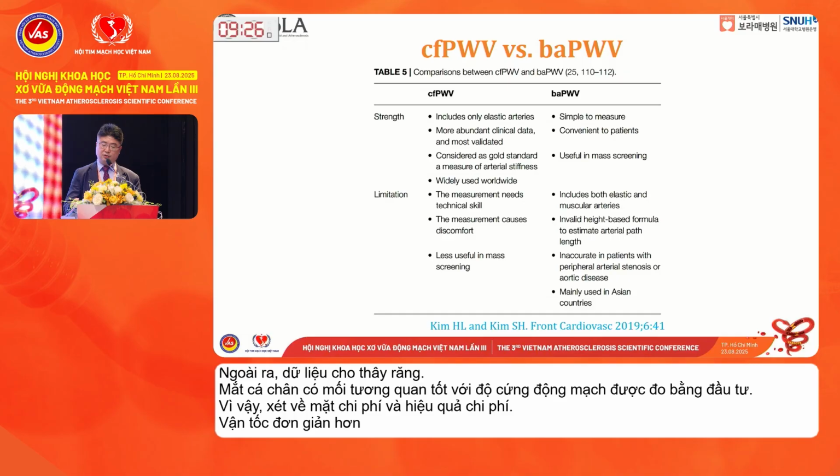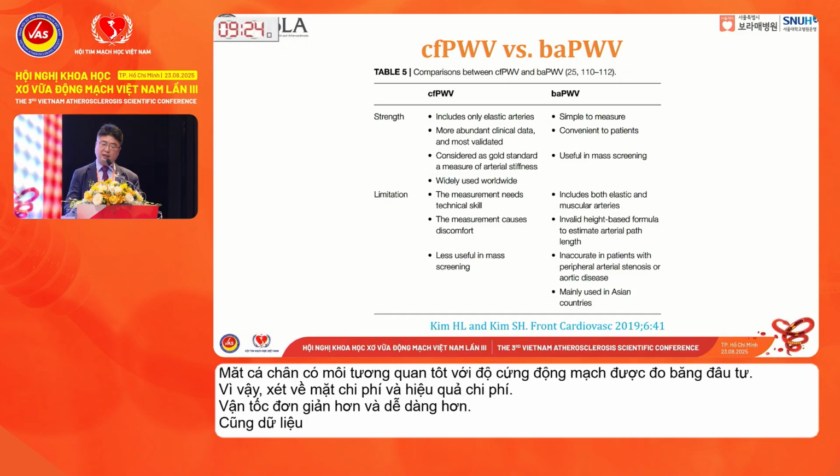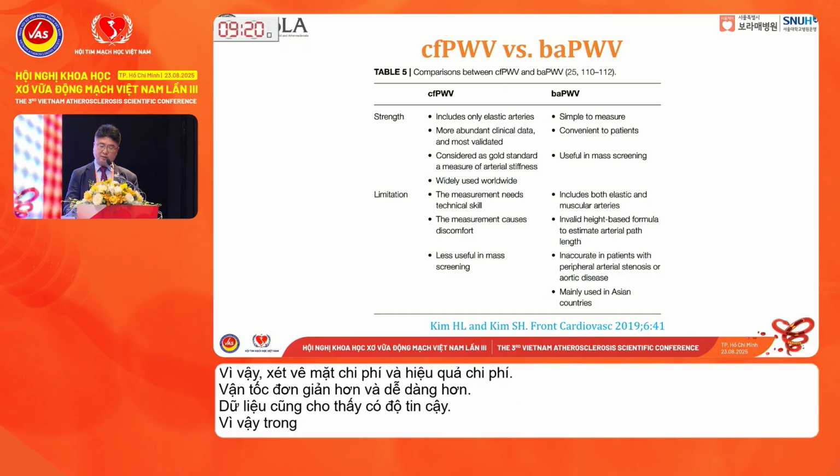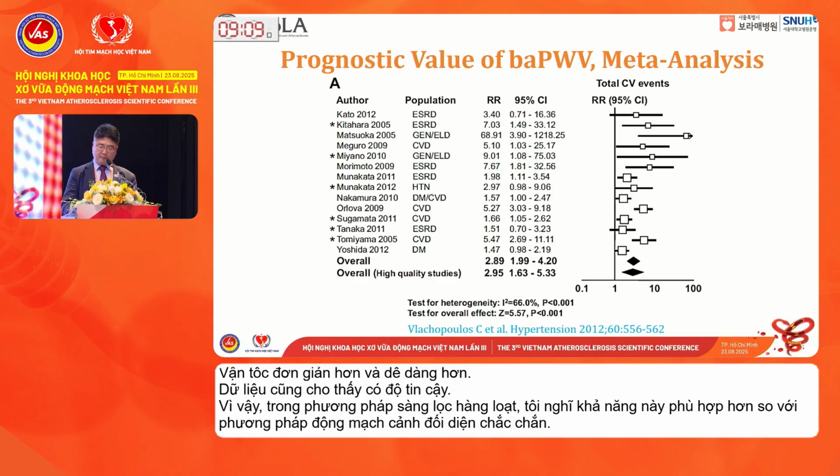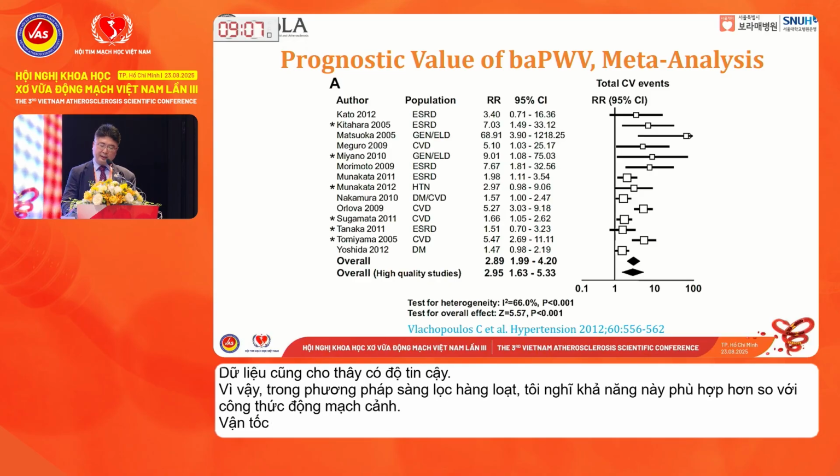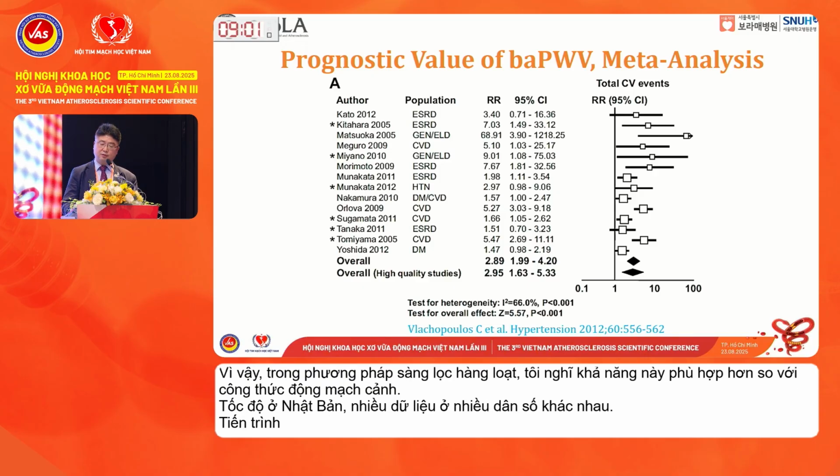Also, data show there is reliability. So as a screening method, I think that brachial ankle pulse velocity is more appropriate compared to the carotid femoral pulse velocity. In Japan, with many data in various populations, the prognostic value of brachial ankle pulse velocity has been demonstrated.